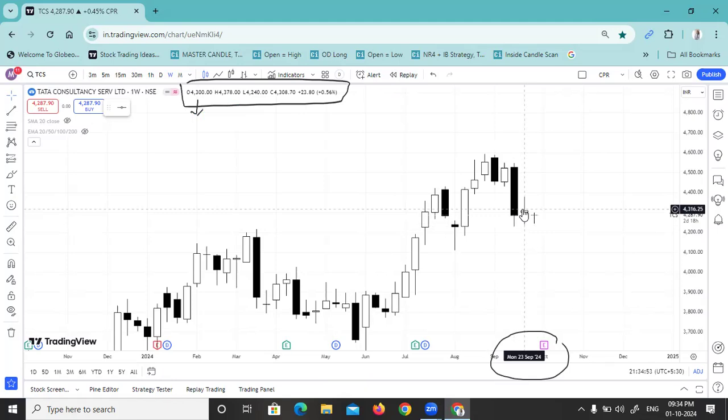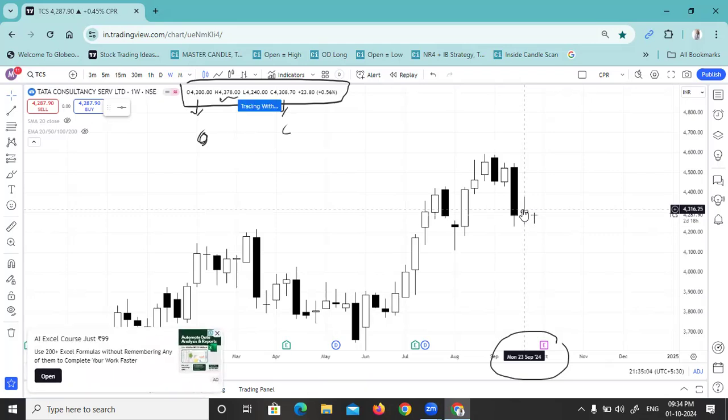On Friday, price closed at 4,308. So this is weekly close. And this will be weekly high, 4,378. Between Monday to Friday, stock made a high of 4,378. And stock made a low of 4,240. So weekly high and weekly low.